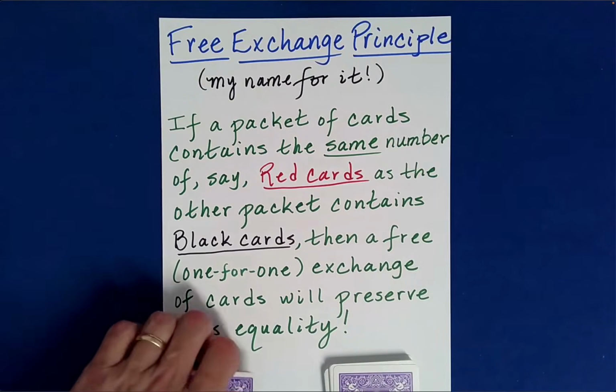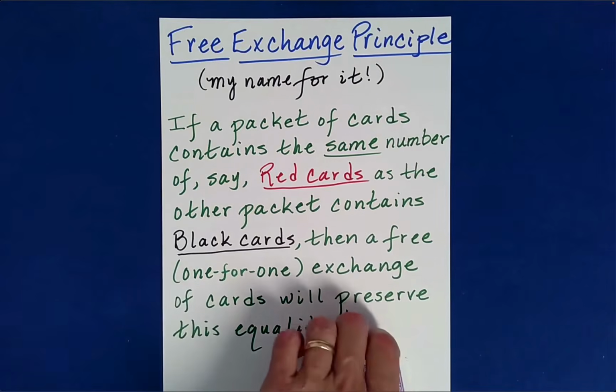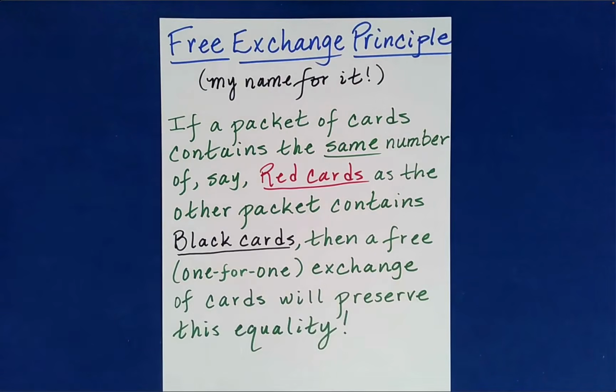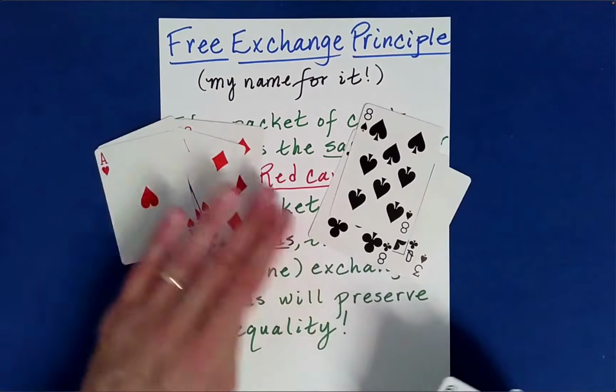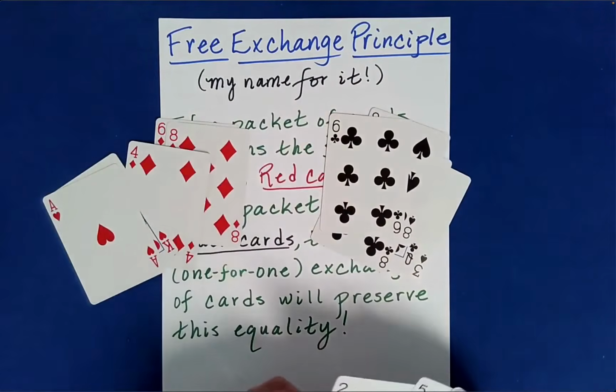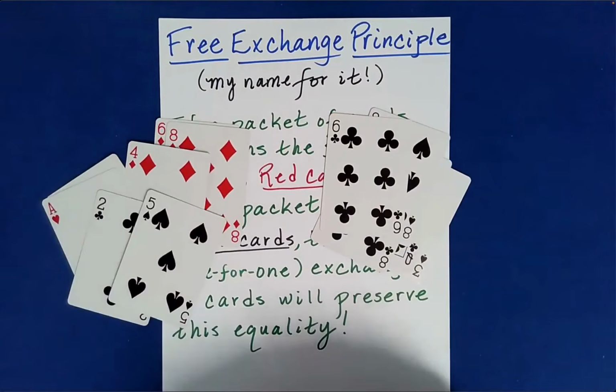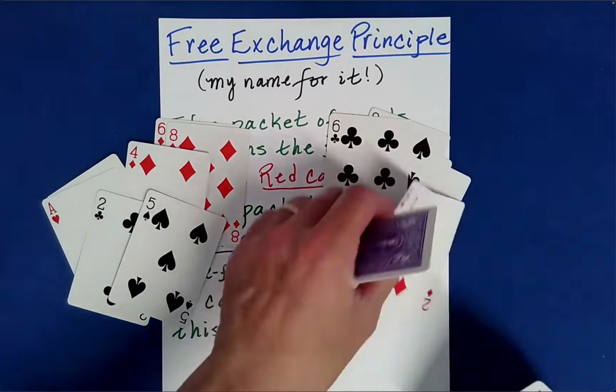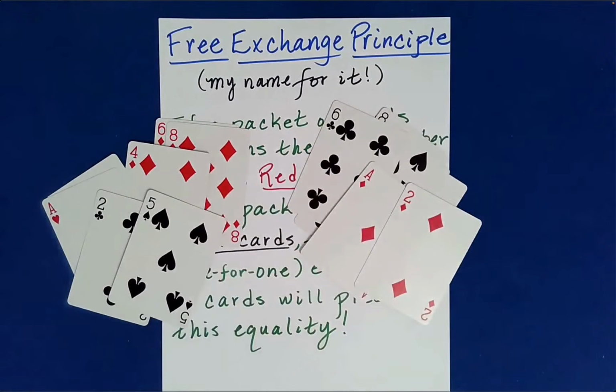Okay? So why don't we step through a simple explanation for that. So why don't we have 5 red and 5 black over here. And then the number of black here and the number of red here won't matter for what we're going to do. Oh, we don't want the same number.